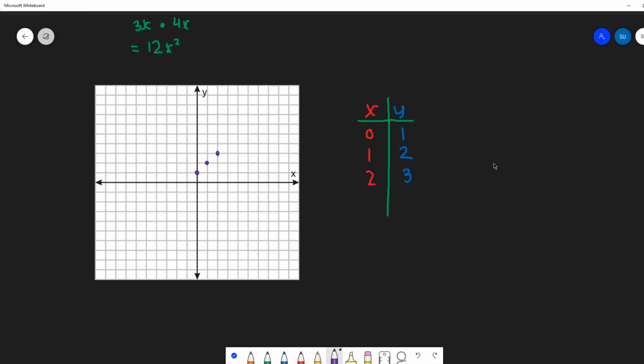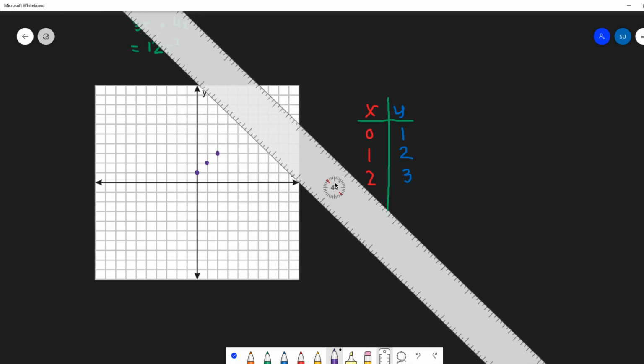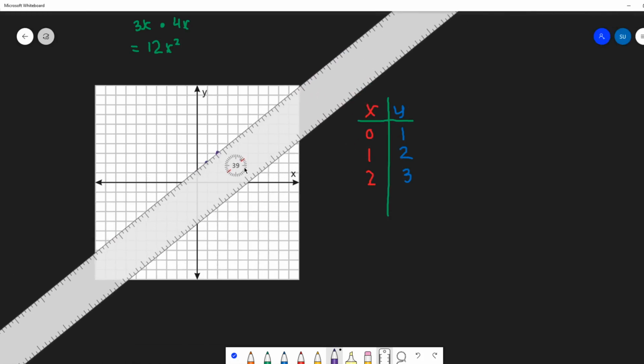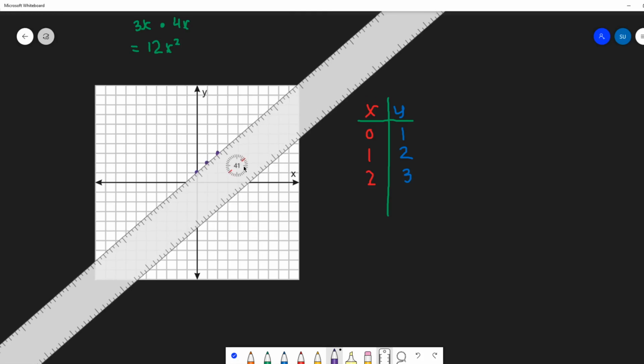So essentially, you only need 2 points to actually graph a line. If you know that what you're graphing is a line, then you only need 2 points to graph that line. So let's pull out our ruler here and connect these points into a straight line. And that is what we get.